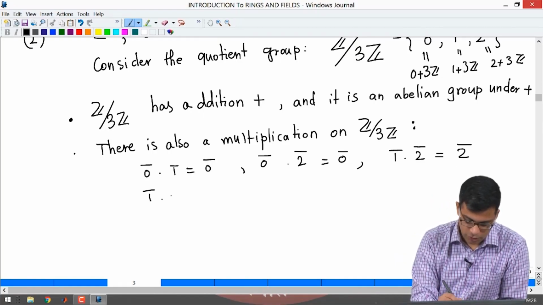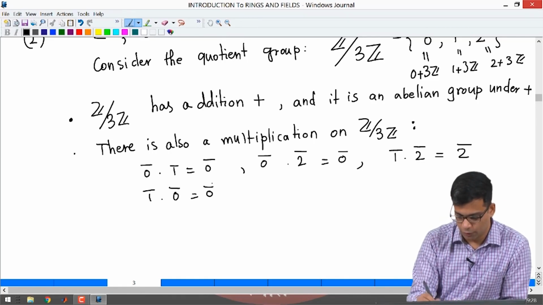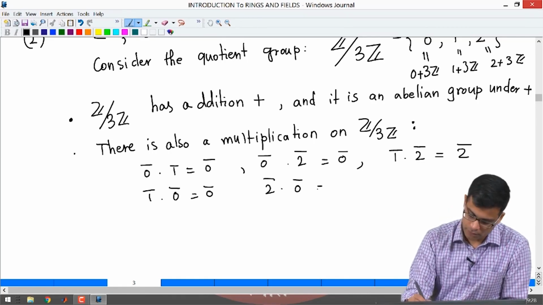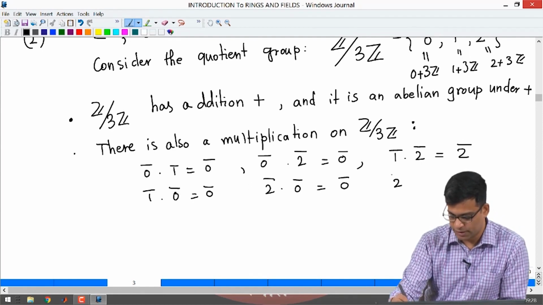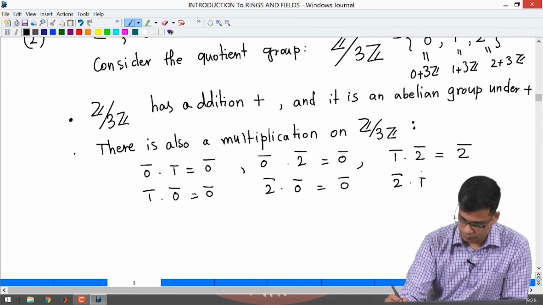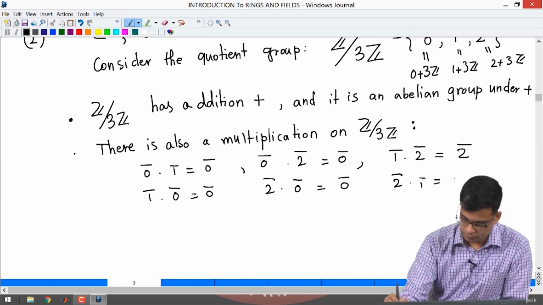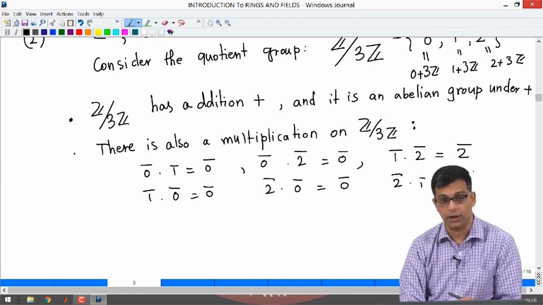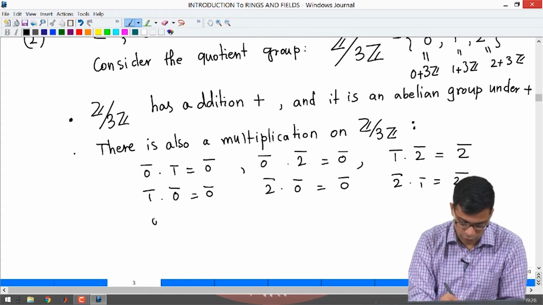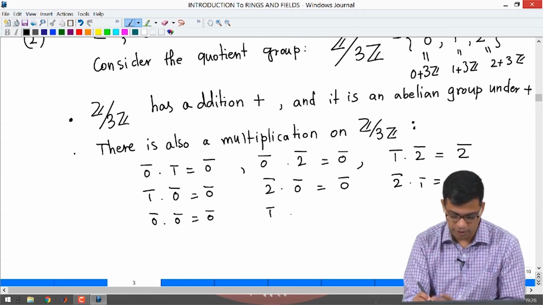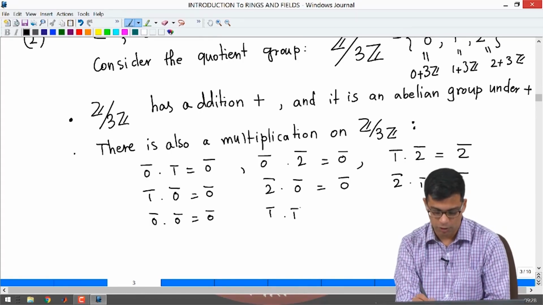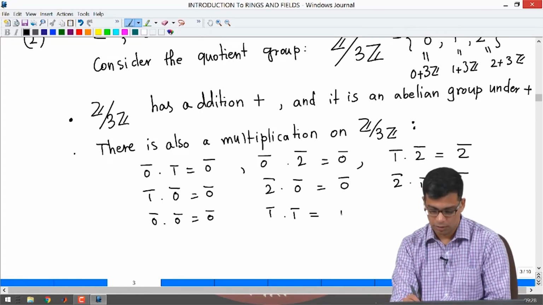And the other way, because multiplication of integers is commutative, if you interchange the order of these elements, you get the same element. And finally, I need to multiply an element with itself. What is 0 bar dot 0 bar? That I claim is 0 bar, that is clear because 0 times 0 is 0. What is 1 bar times 1 bar?